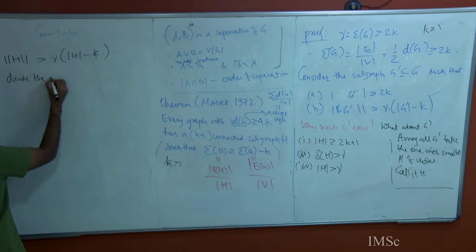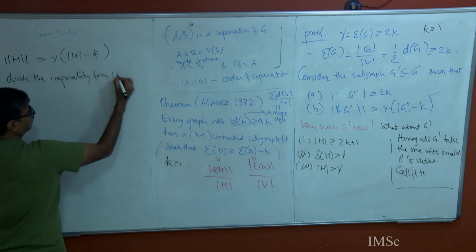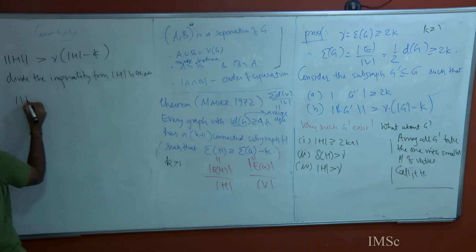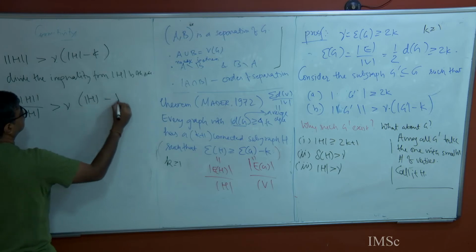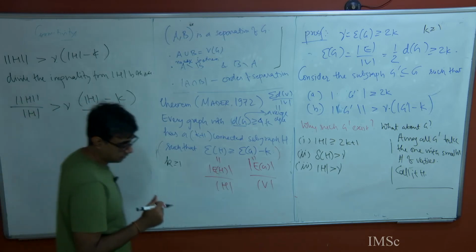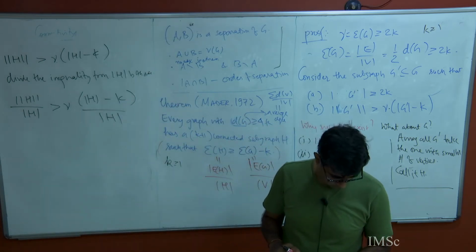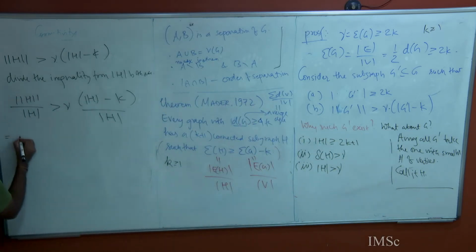Divide the inequality. What do we get? Tell me. Correct. So by definition, this is equal to epsilon h, right?